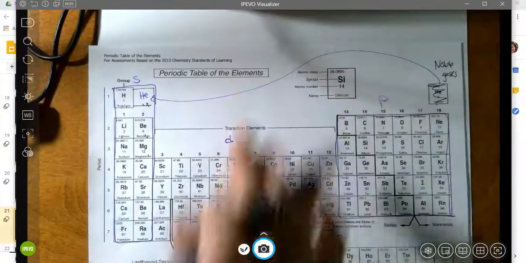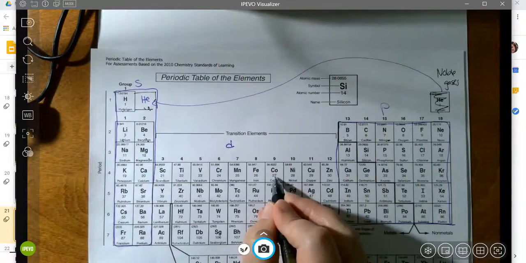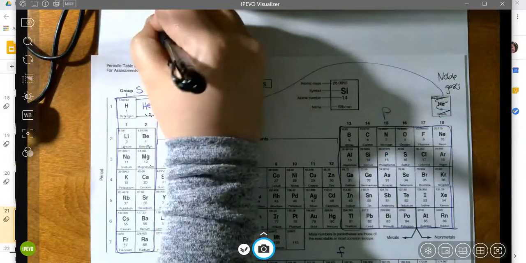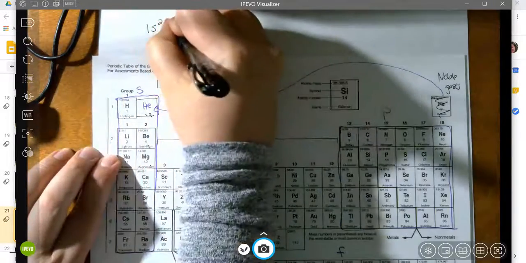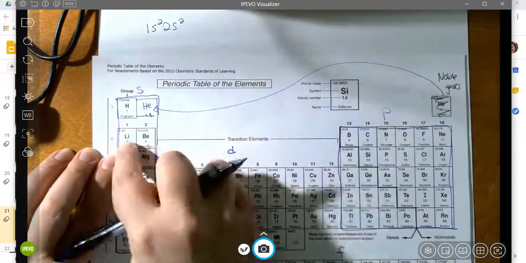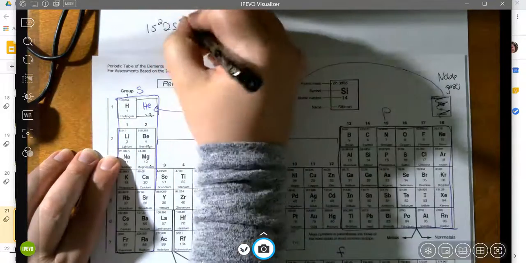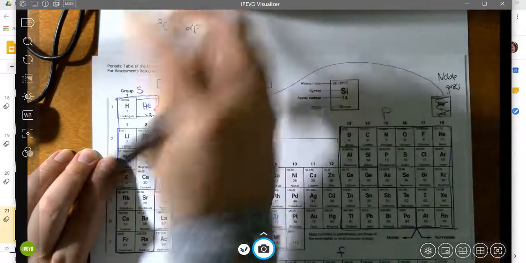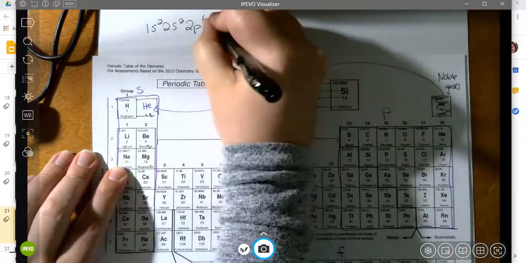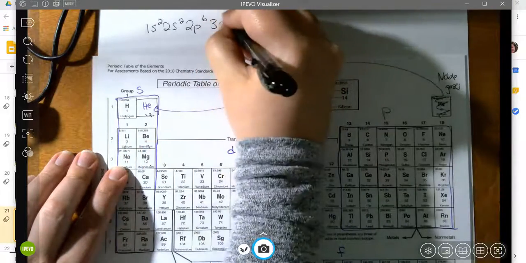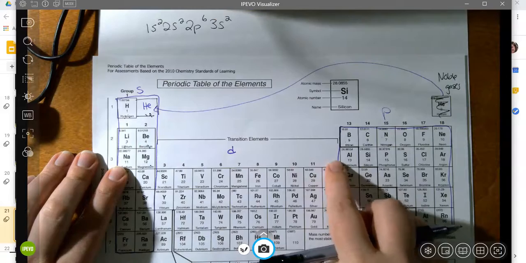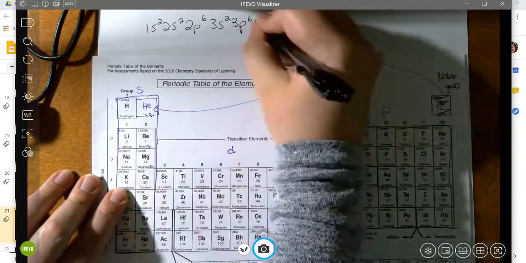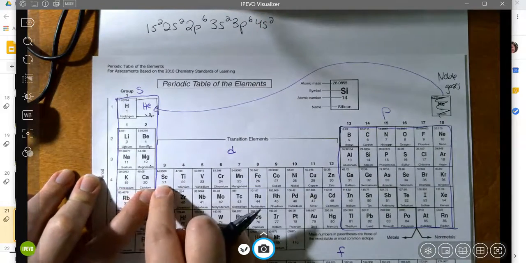All right, so cobalt is right here, CO. Okay, so we'd start at the very beginning, same way we have been, 1s2, 2s2, come over here, this is second energy level, P block, 1, 2, 3, 4, 5, 6, period 3, S block, 1, 2, and period 3, P block, 6, period 4, S block, 1, 2, and now we're in the 3d orbitals.